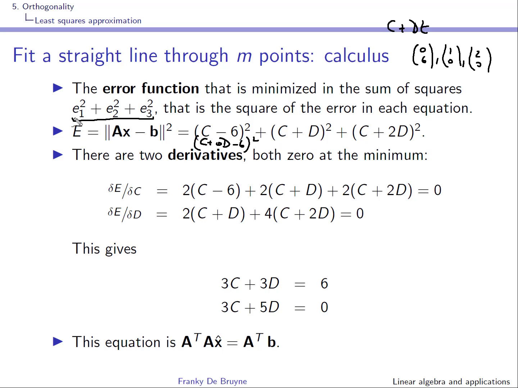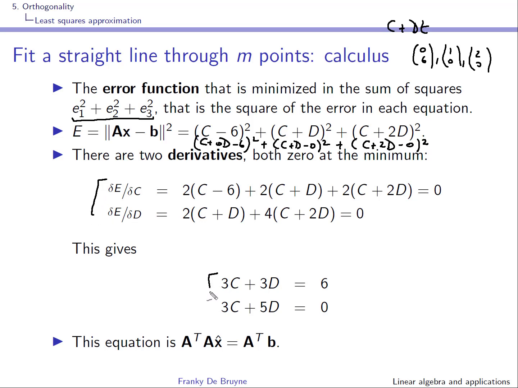This is e1 squared. Plus t equal to 1: c plus d minus 0, squared, that's e2 squared. And here t equal to 2: c plus 2d minus 0, squared. So we have here our cost function that depends on c and d, so we can take partial derivatives with respect to c and d and impose that these partial derivatives are equal to 0.